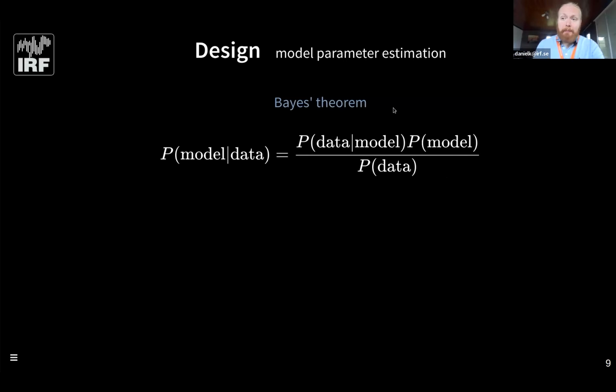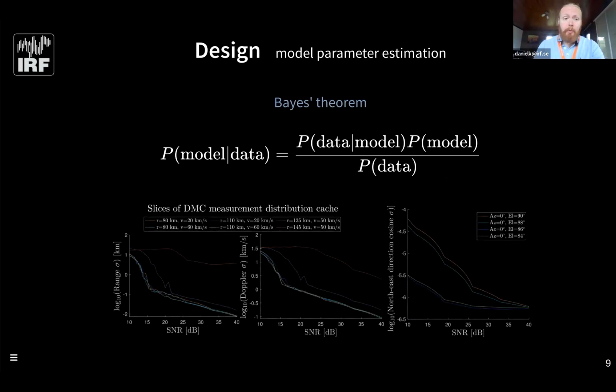That's called the likelihood. And to generate the likelihood function, you need to have a very good grasp on the uncertainties of each individual data point in your time series. So to do that, we ran a massive amount of direct Monte Carlo simulations, where we generated noisy raw data and had a coherent target at all possible ranges, all possible velocities, all possible positions in the antenna gain pattern.